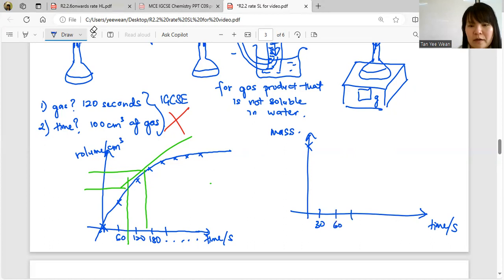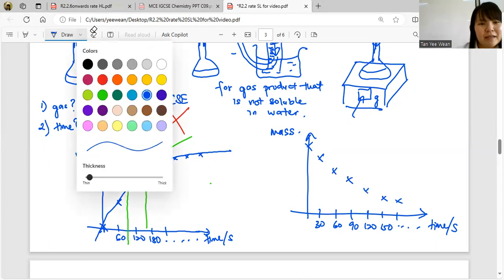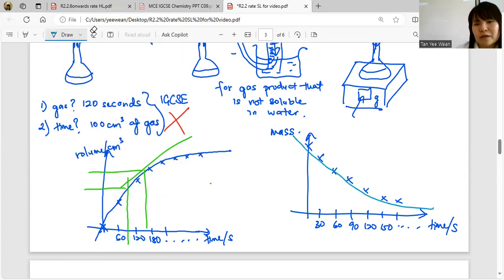Just record more readings. 90, 120, 150, so on. After 30 seconds, read. After 30 seconds, read. You might get a curve or a straight line depending on your experiment. So it's not fixed, okay?